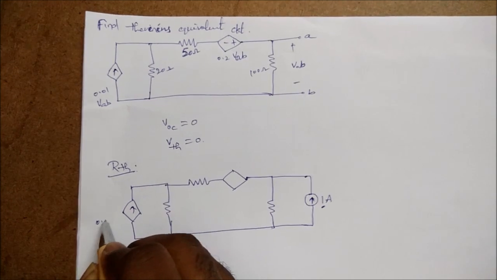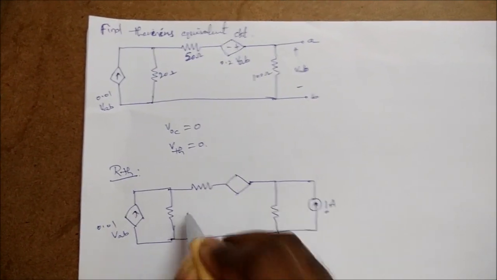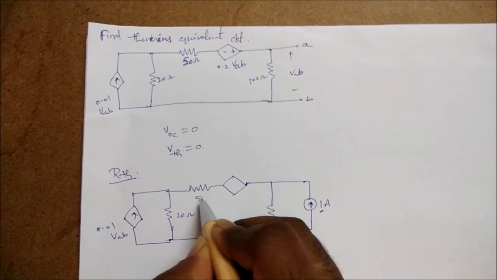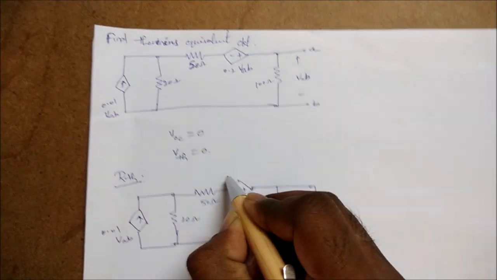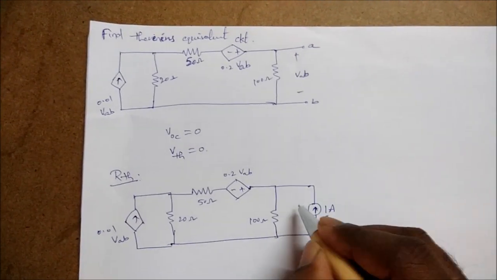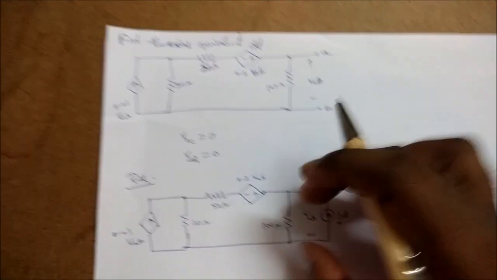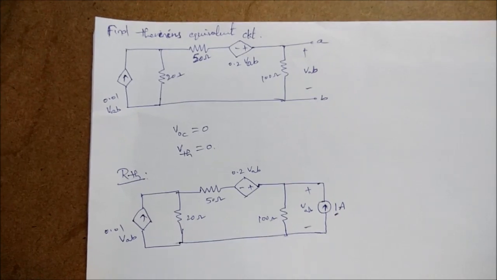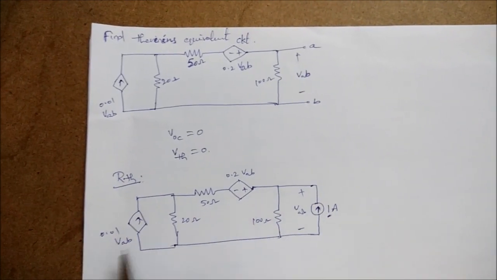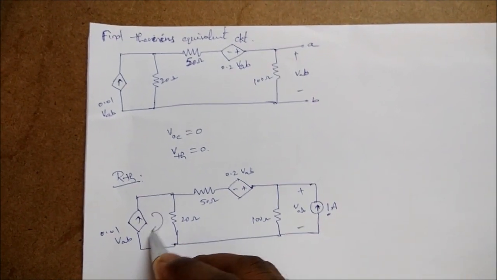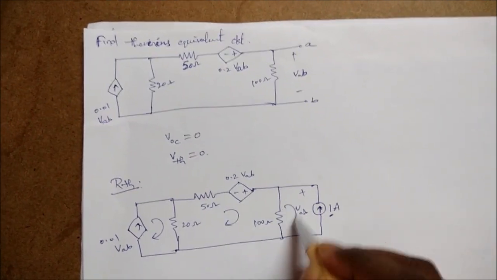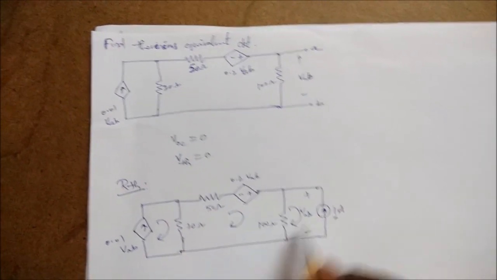Understand? So this is 0.01 VAB, this is 20 ohms, this is 50 ohms, and this is 0.2 VAB, this is 100 ohms. The VAB is here. Now by using mesh analysis we will solve the circuit. There are 3 loops here, so there are 3 currents flowing.